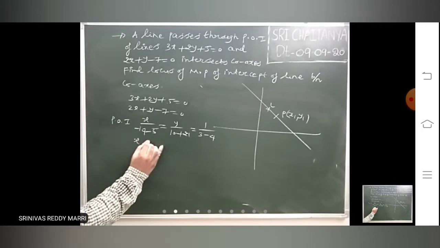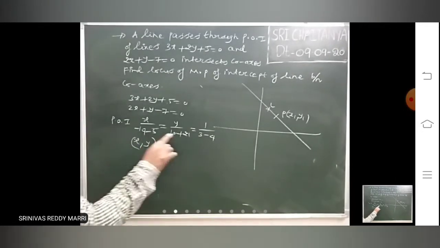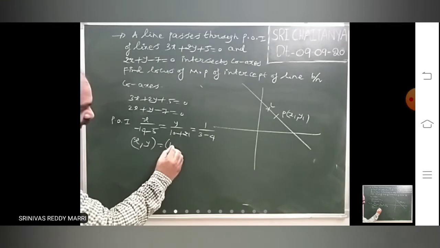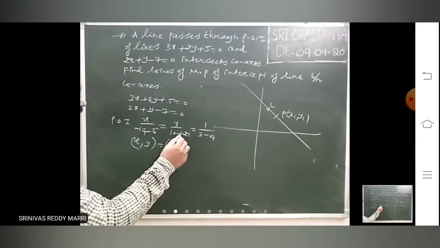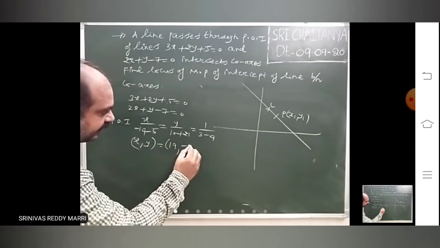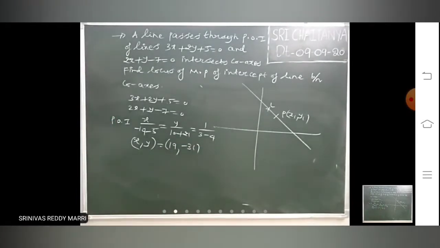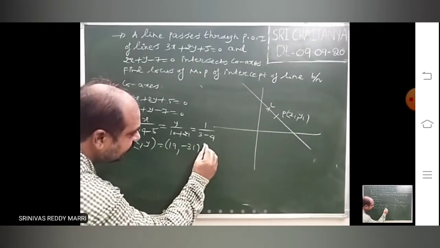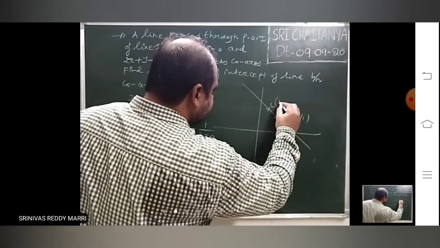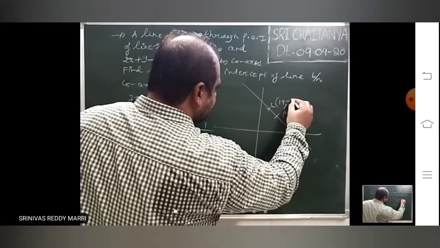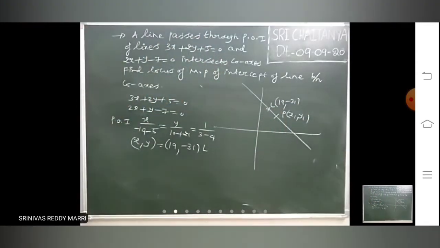Therefore, x comma y is nothing but minus 19 divided by minus 1, that is 31 divided by minus 1, that means minus 31. So the point of intersection is this. Indirectly he will give that the line passes through that point.